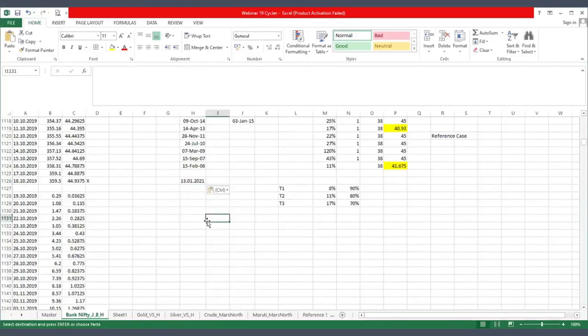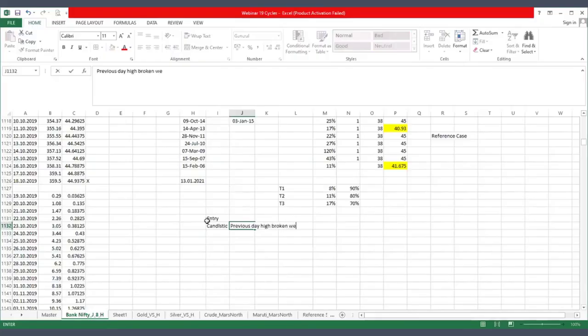Now to make our entry, one way is candlestick: if the previous day's high is broken, we will go long. The second way is trend line. Make the trend line.